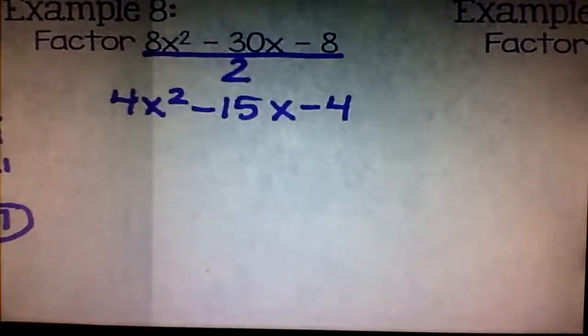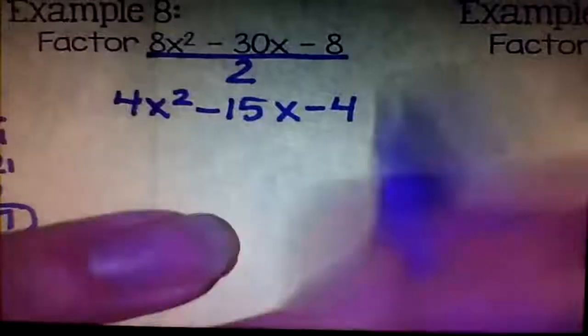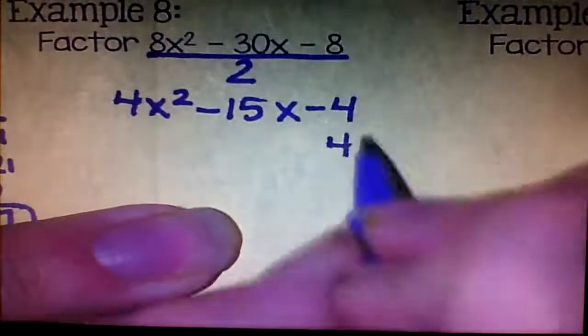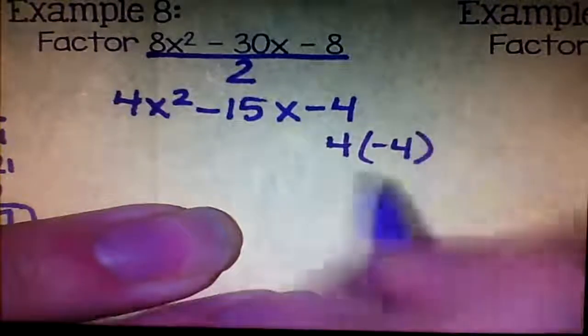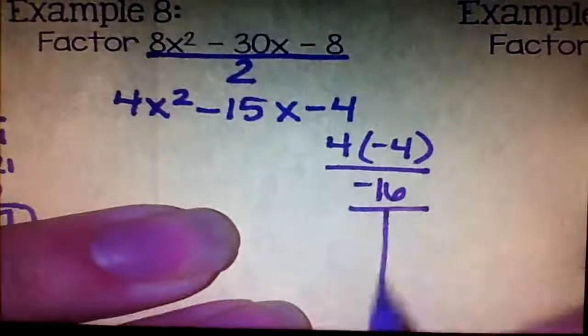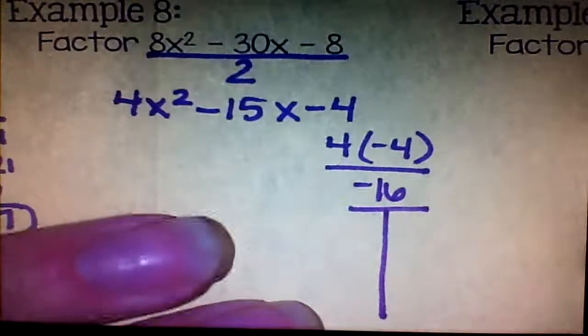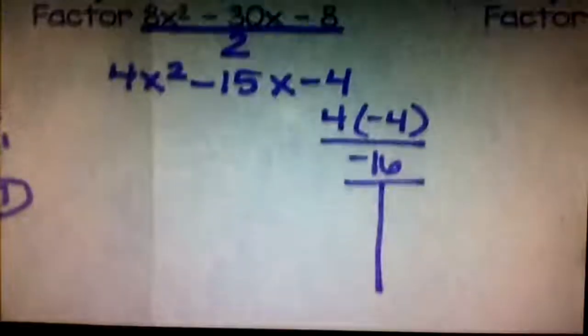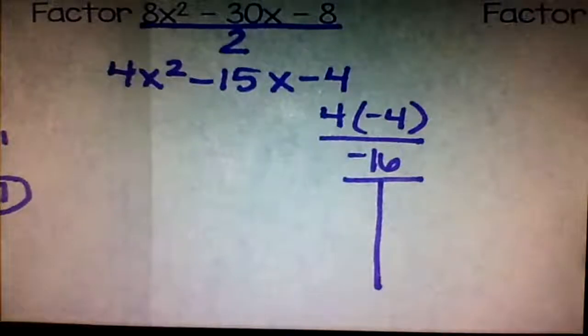Now I need to multiply my A times my C, and I get negative 16. What factors of negative 16 are going to go together to give me negative 15? Negative 16 and 1.